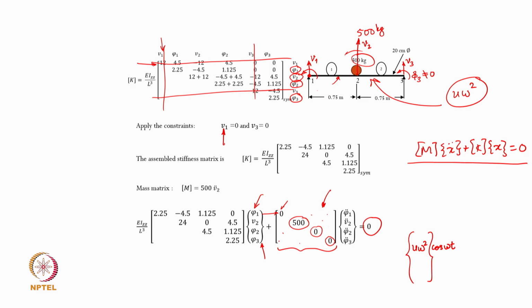So, this is how the finite element based formulation of the governing equation of motion representing a continua can be obtained, and what is important here is to understand that the size of the matrix representing the original system will keep becoming bigger and bigger based on the number of elements that you have used for discretizing the original system.